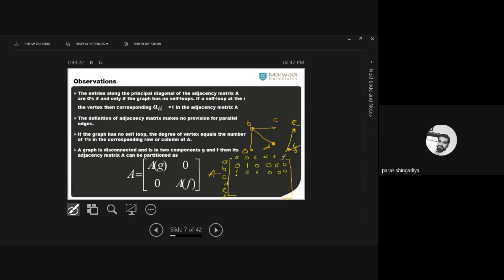Then B to D is also connected. Then C with 1, that is 0, 0, 0. And D and E. Sorry, D is remaining 0, that is 1, 0, 0. Clear?